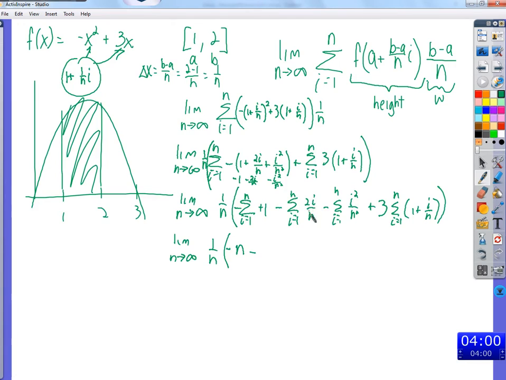Now we'll take this constant multiple of 2 over n. Remember, n is just the number of rectangles. That doesn't change, so we can pull that out as a constant multiple. 2 over n times, and we'll rewrite the sum. That's just going to be i is left there. We can pull out the 1 over n squared here, so 1 over n squared.